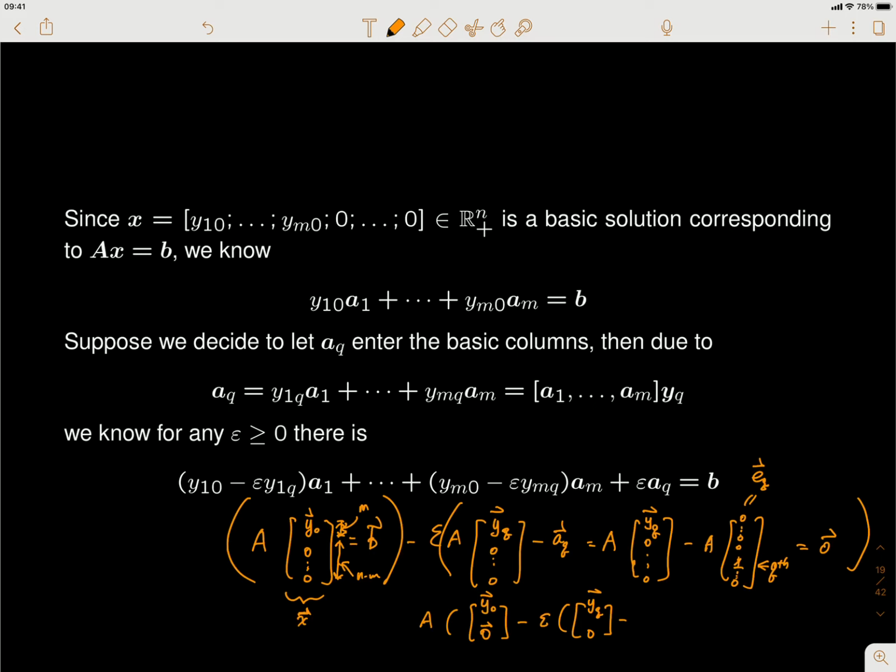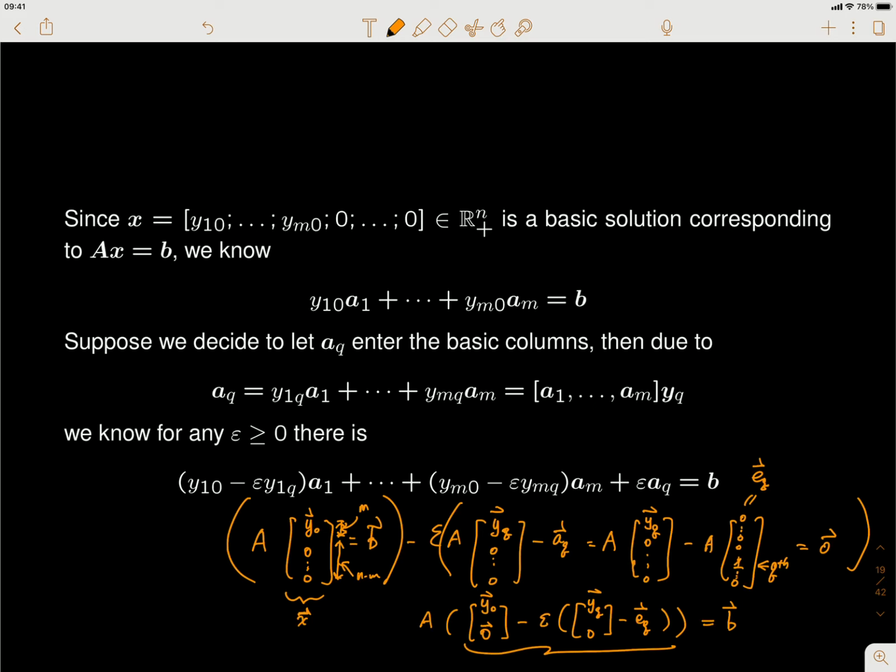So A is multiplied to this difference, and on the right hand side I have the b vector. This whole thing will be the new basic solution. This will be my new y.